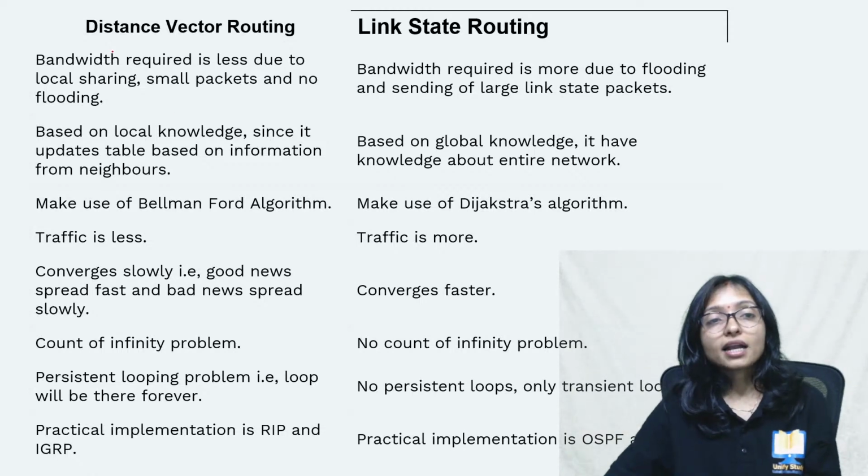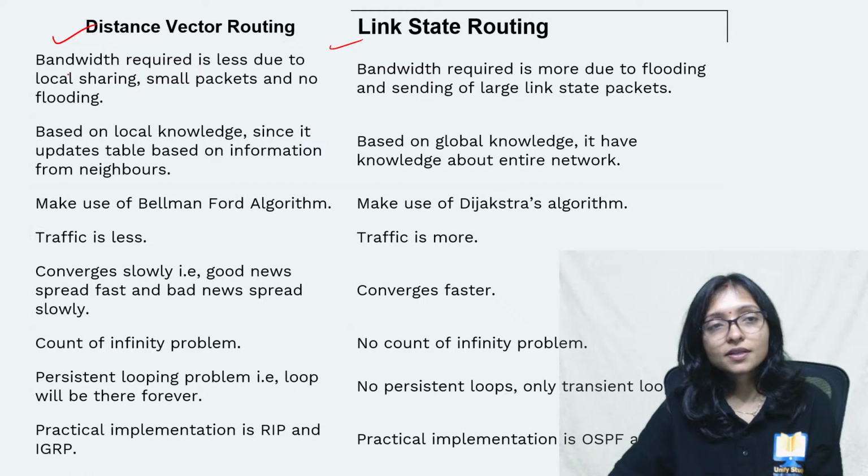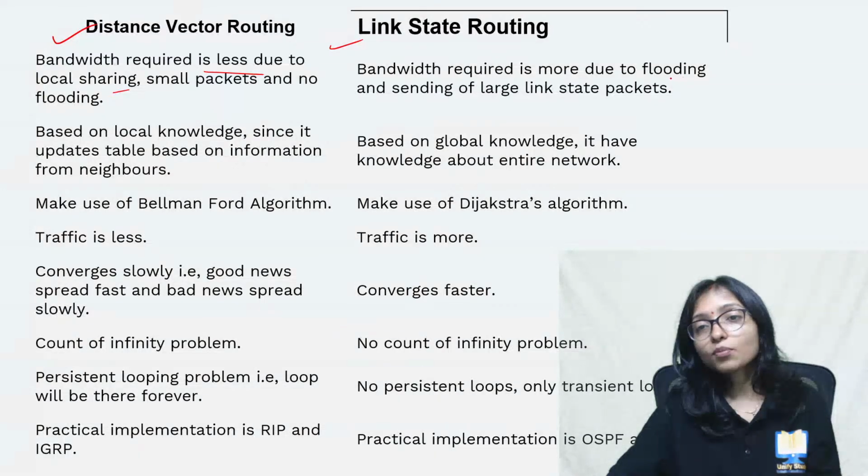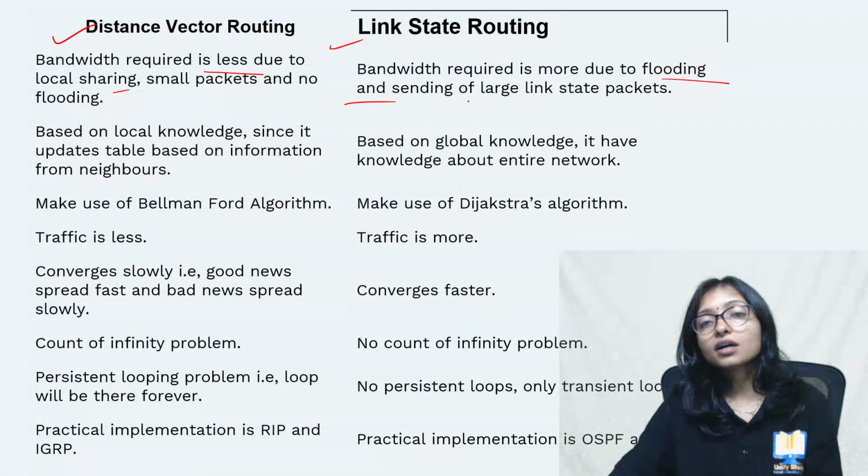So you can see the distance vector and link state routing, what is the main difference? Bandwidth required is less due to the local sharing, because in distance vector there is local sharing. Here bandwidth required is more because of flooding and sending the link state packet.